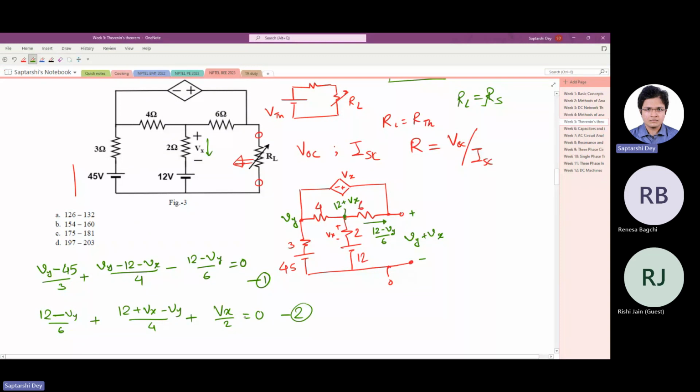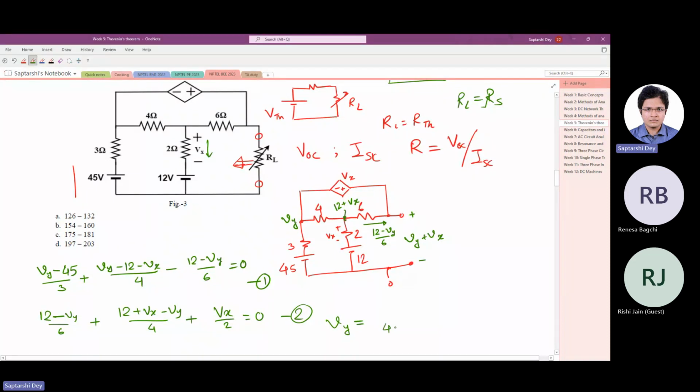Did you solve the circuit by these two equations? If you do this, you should be able to get Vy.